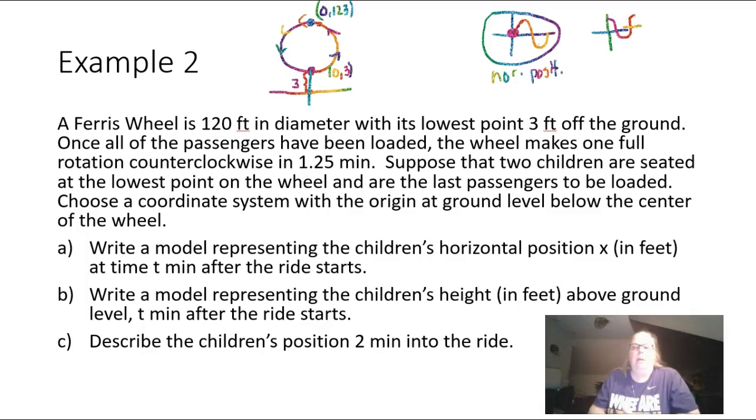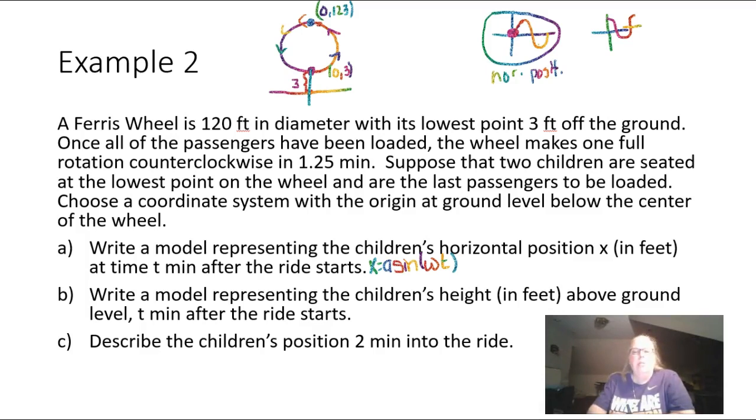Okay. All right, so we know we're going to use the sine curve for this. So our x coordinate is going to be equal to a times the sine of omega times t. All right, let's get the things that we need here.